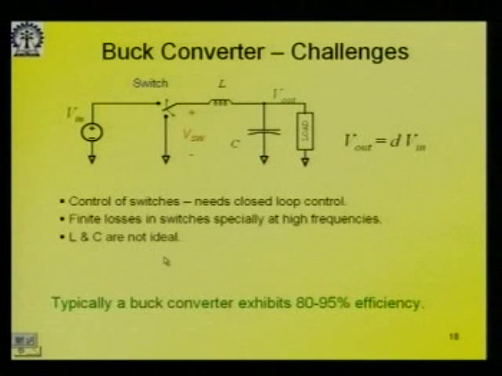But all said and done, we do have buck converters which are industrially available, and some of them have been designed in our lab also, which have an efficiency of the order of 80 to 95%, and sometimes even 97% in special cases.